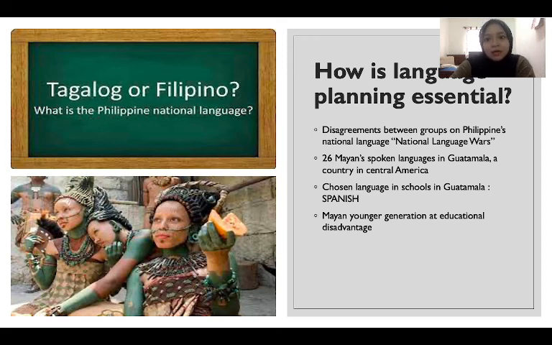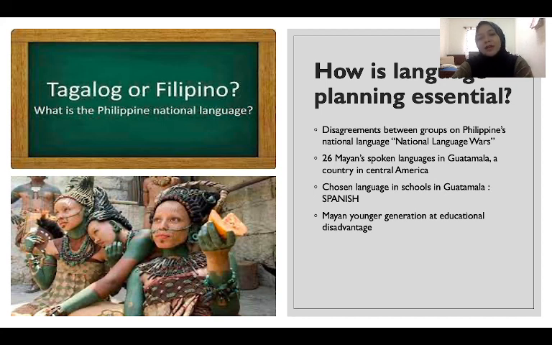Is it Tagalog or is it Filipino? Okay, so because they didn't go through the language planning process, the people are unhappy and unsatisfied when it comes to choosing which language should be the Philippines' national language.